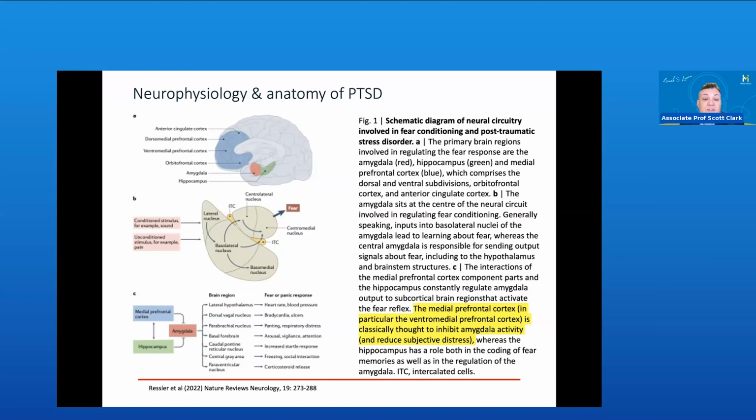And I guess to take away from this diagram, the most important thing is that the frontal cortex is able to inhibit the amygdala and inhibit responses to trauma and stress. So the frontal cortex can inhibit the fear response in the amygdala.